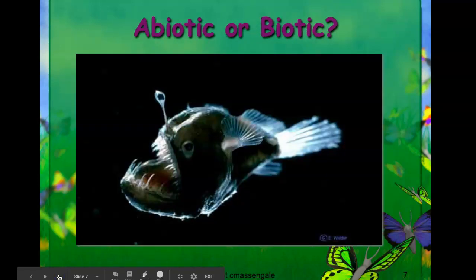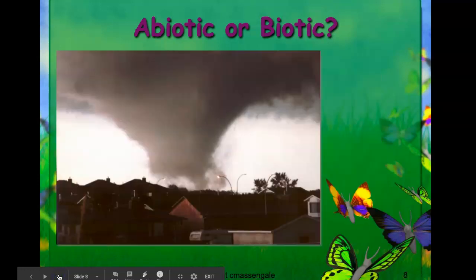So, let's play a game. Abiotic or biotic? What do you think? It's an anglerfish. I would go with biotic as well. How about the next one? Abiotic or biotic? We have a tornado, so that would be some air currents. I'd say abiotic. I agree.